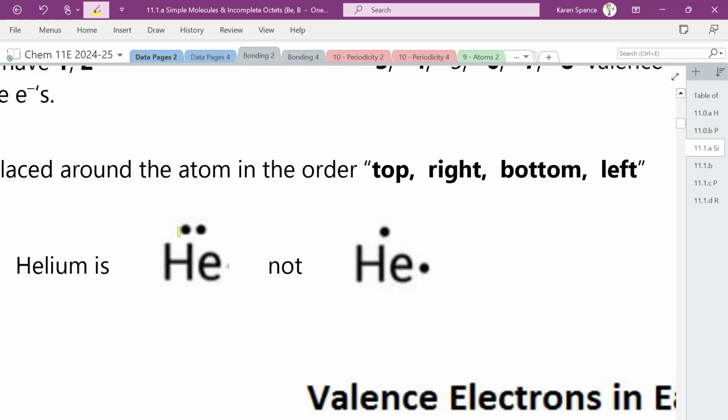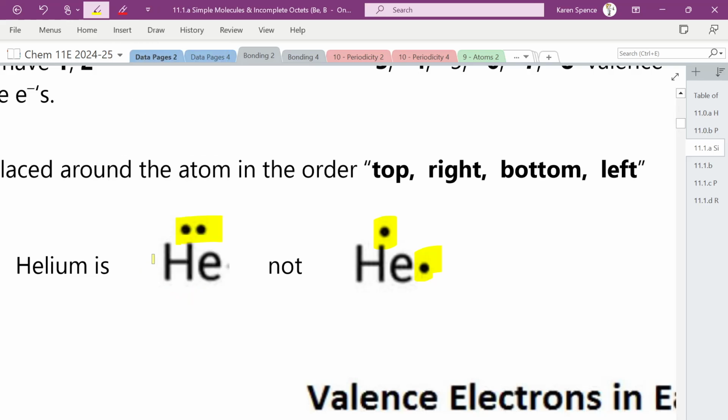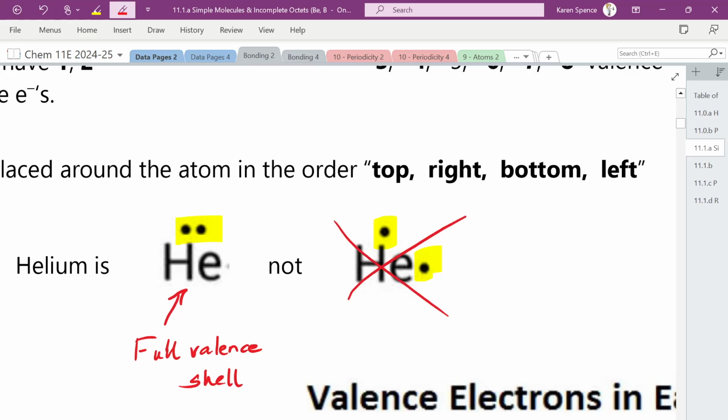Why is helium like this and not like this? Because it has a full valence shell. And so it's not like that.